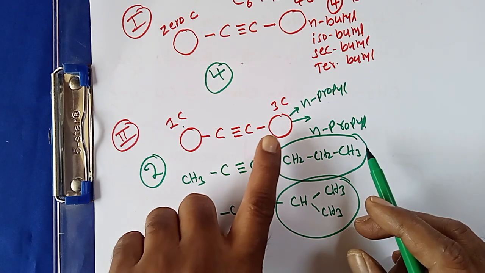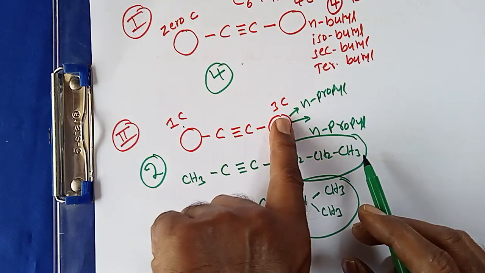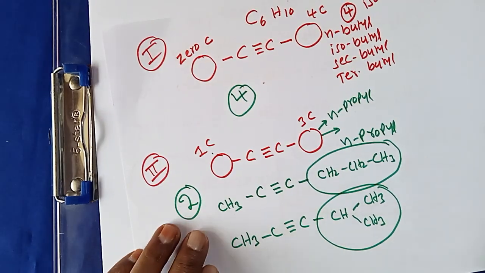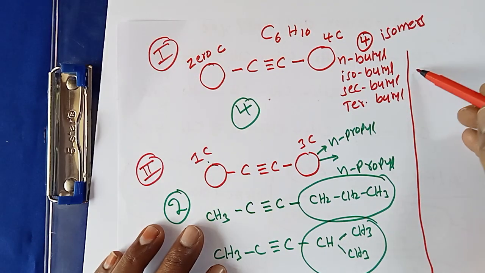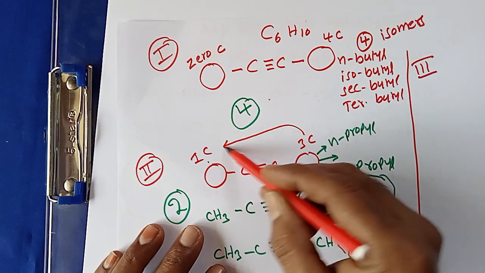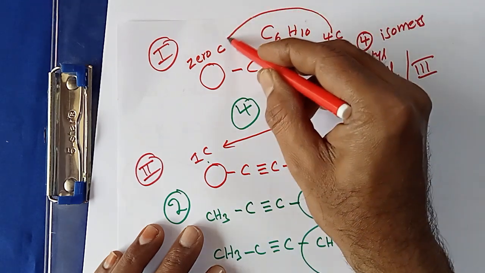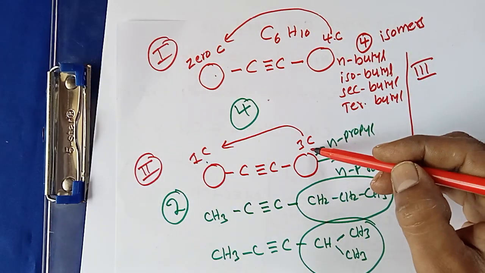Next, if you change the 1 carbon here, 2 carbons, 2 carbons. First minimum starting, step 1. Next step 3. Third step, what you can do? 1 carbon bring this side. Here 4 carbons, 1 carbon bring this side means 0 becomes 1 carbon, 4 becomes 3.